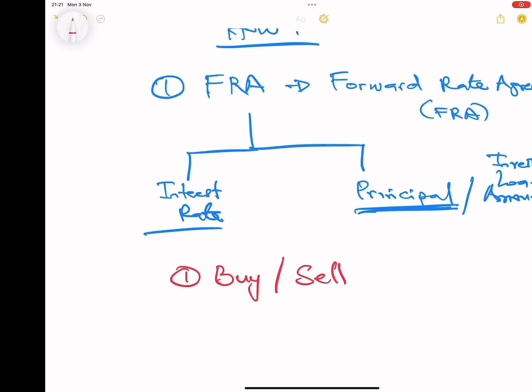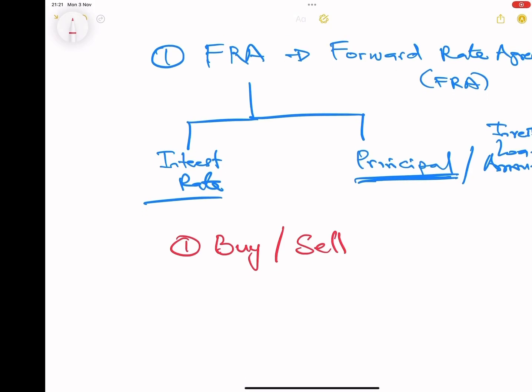If you want to pay at FRA, which means you definitely have a loan, you have a loan at an interest, and you think most likely in the future, the loan that you're planning to take or the loan you currently have that is moving with the market rate, the interest rate might be going up.